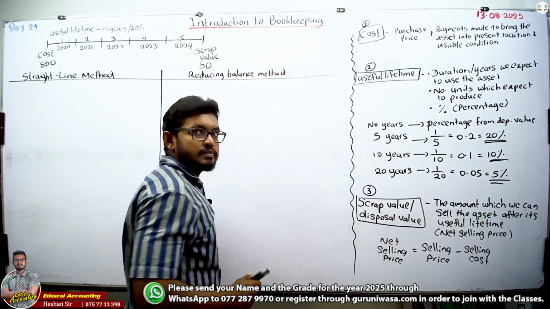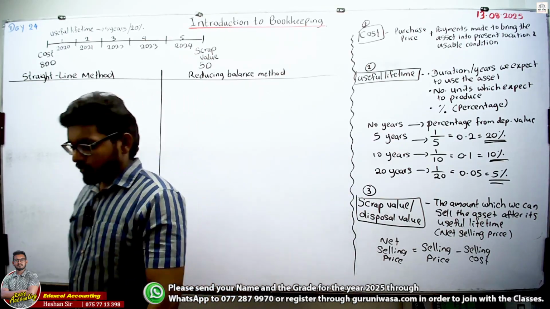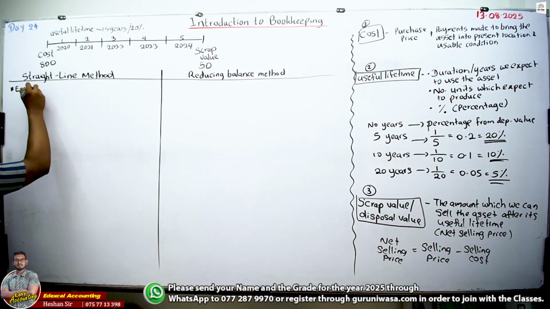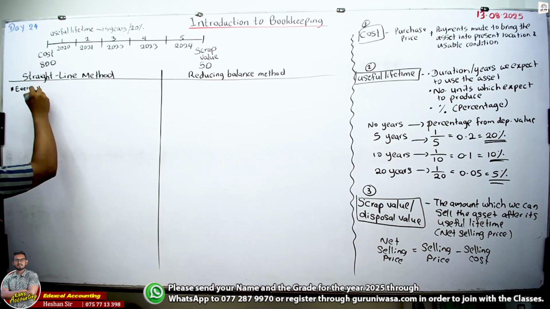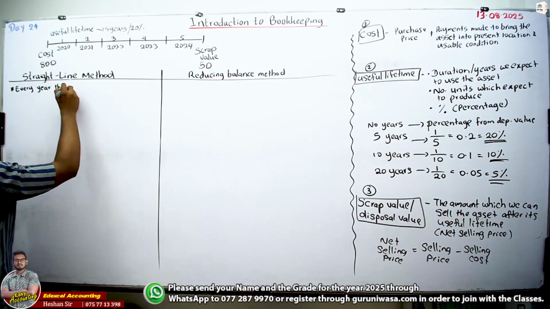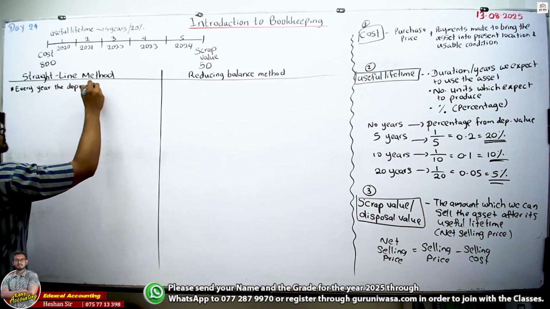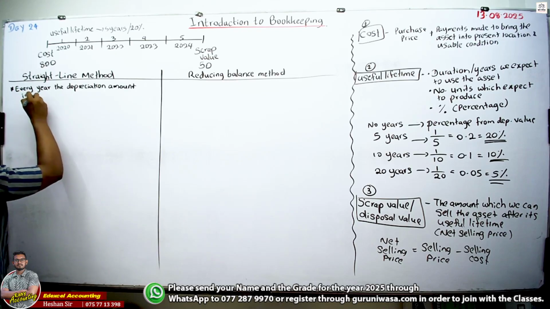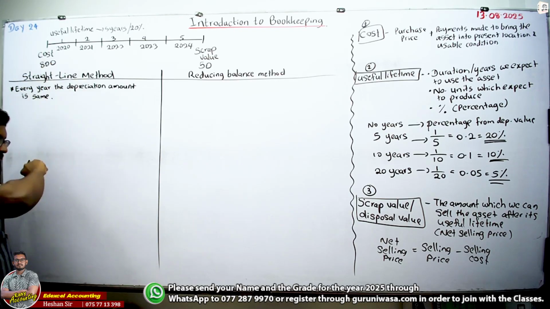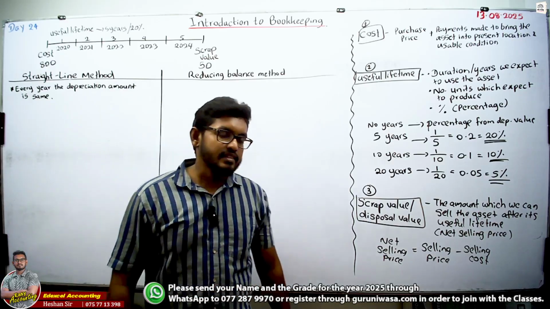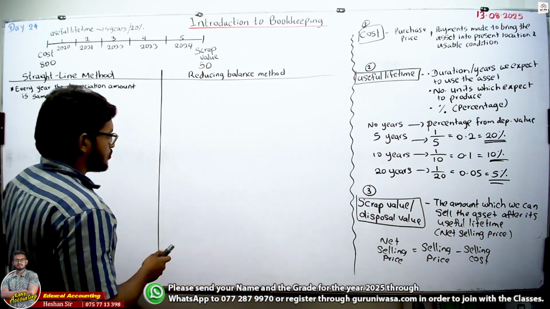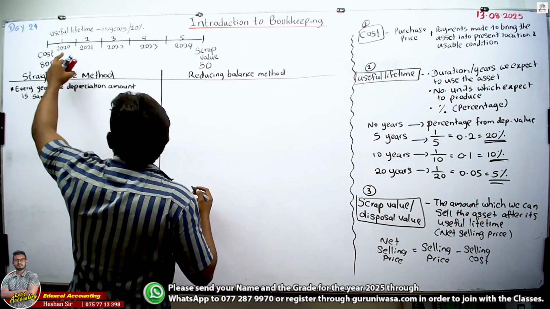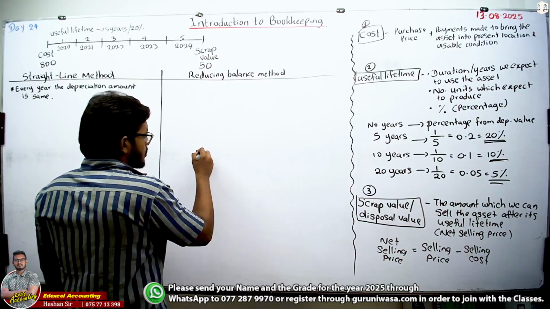In the straight line method, every year the depreciation amount is the same, which means depreciation means we reduce the value of the asset. Now why do we depreciate? Think, when you purchase this machine in 2020, look here, right?